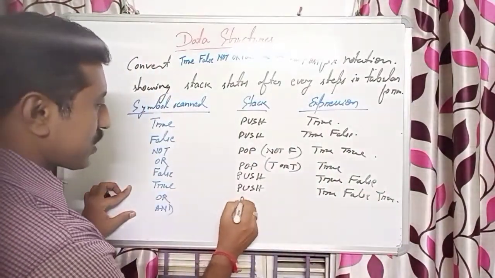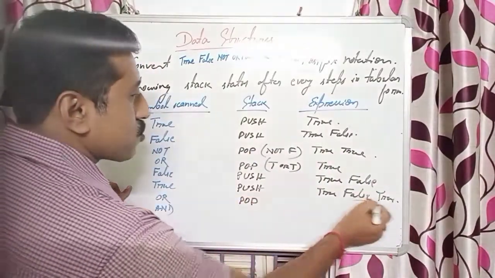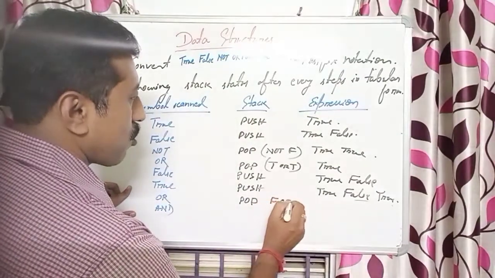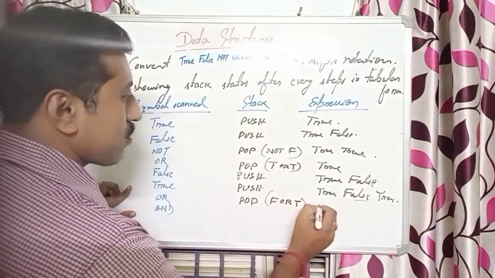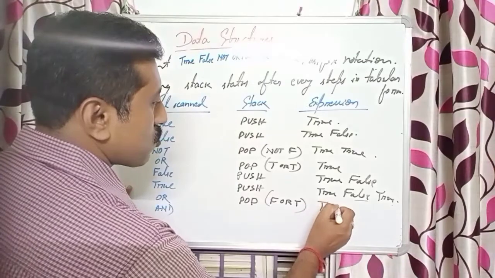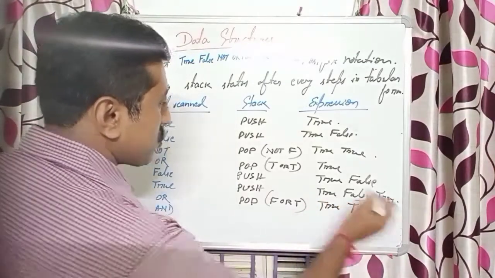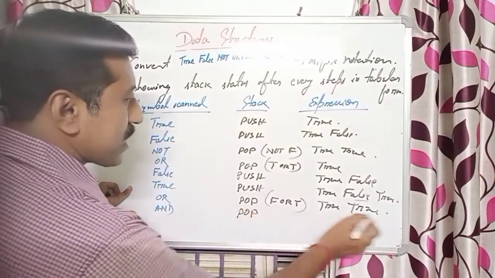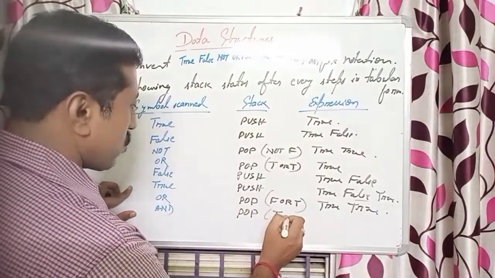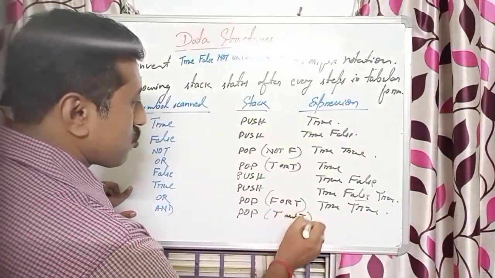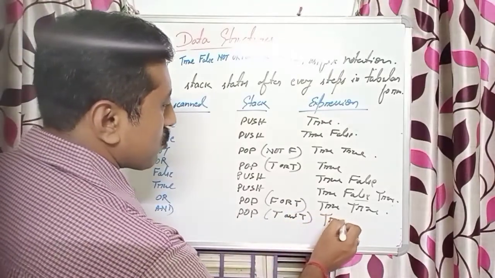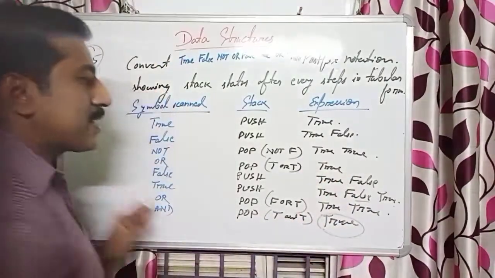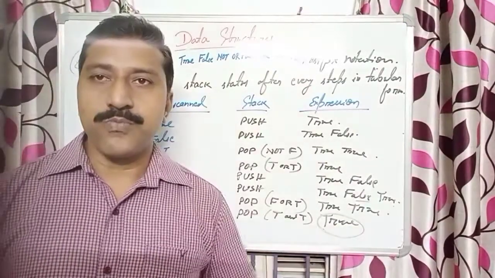Then OR is given, OR means pop, the last two, false or true, so that will be true. Then AND is given, that is also pop. The last two are true and true, that means true, the output will be true. So this is the final answer: true.